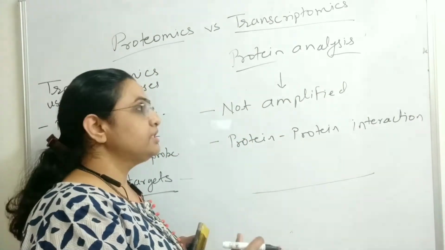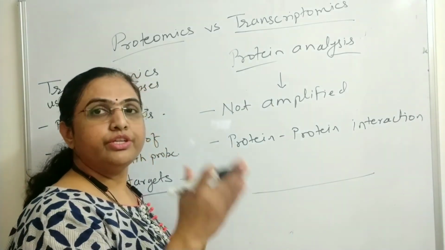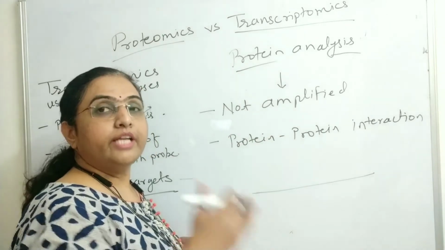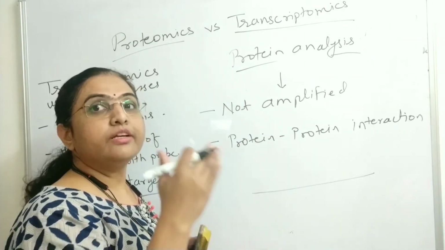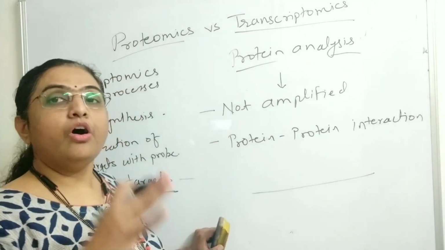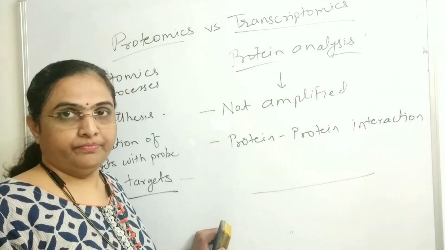Why? Because the reaction conditions for each and every interaction change. For protein and protein, the reaction condition and the kinetics change. So you cannot detect thousands of proteins at one time.